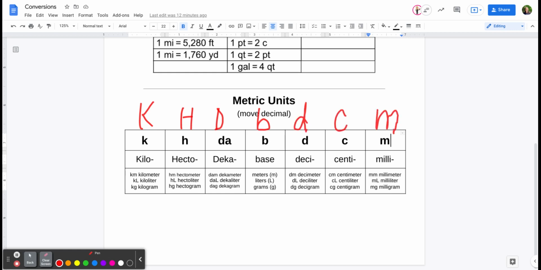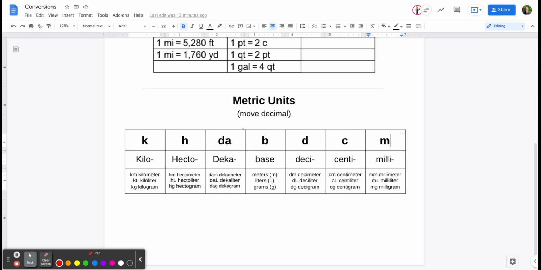Whatever phrase you've learned or that you remember. And then you have to remember that deca is DA, whereas deci is just a lowercase d. But whichever phrase you may have learned in the past, or if you like my phrase, you can use that to help you remember how to convert these units.